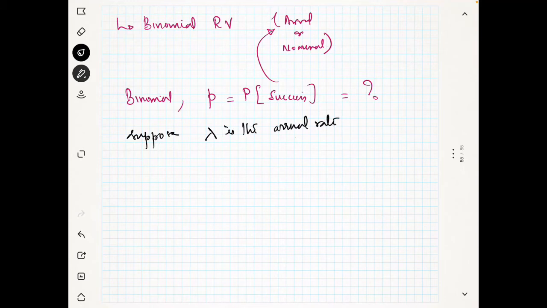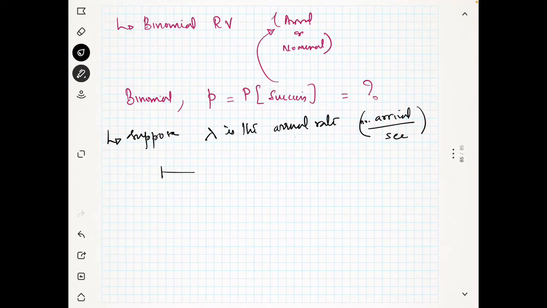I am defining lambda, which is nothing but the arrival rate, represented by the number of arrivals divided by the time. That means the number of arrivals in 1 second.